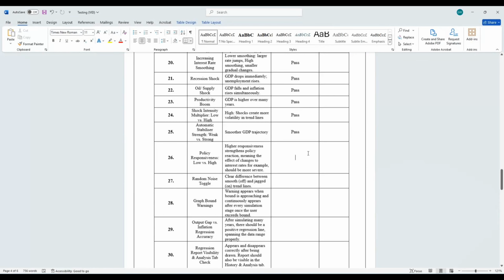So moving on to test 26, we'll be testing policy responsiveness between low and high policy responsiveness strengths. So higher strengths should increase the effects of changes to policies. We'll be using interest rates as a benchmark example to test the changes in severity between the simulation with different policy responsiveness strengths.